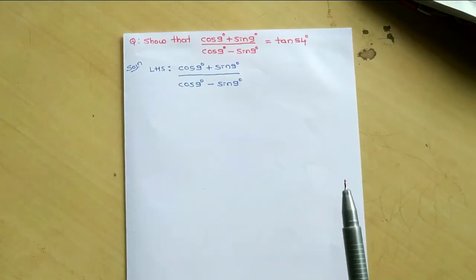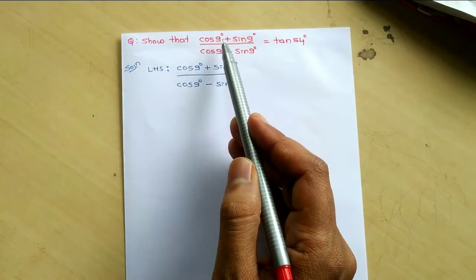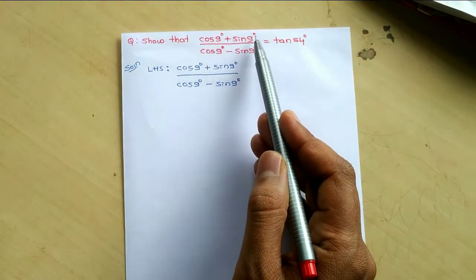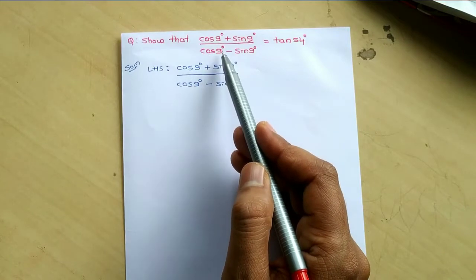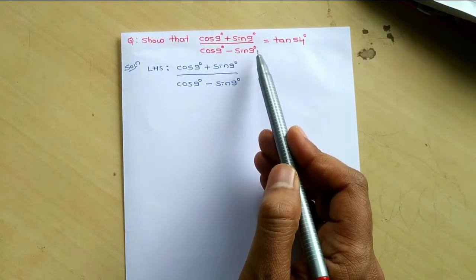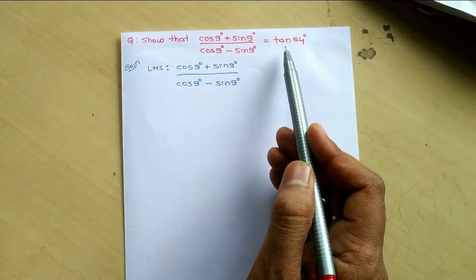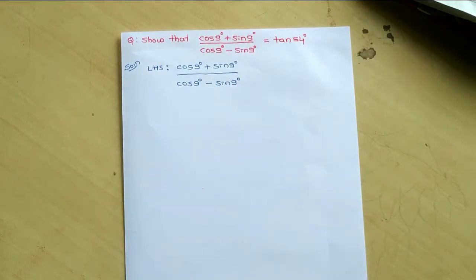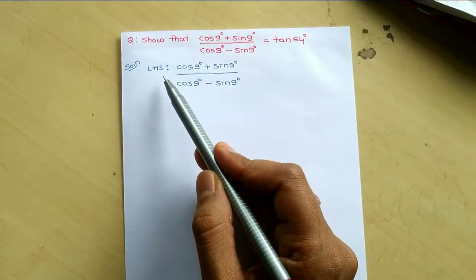So next example, show that (cos 9 degree plus sin 9 degree) divided by (cos 9 degree minus sin 9 degree) is equals to tan 54 degree. Correct? So again we will take the left hand side.